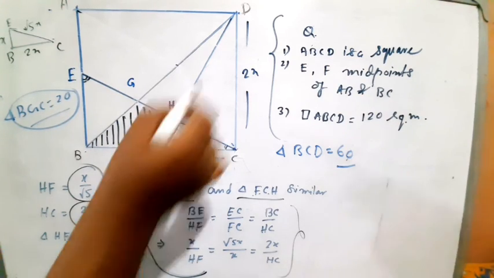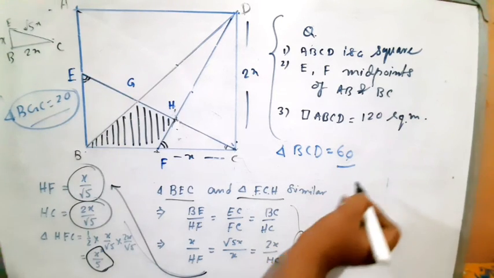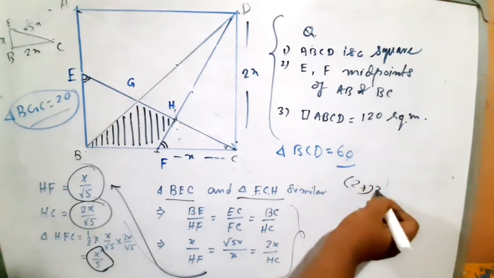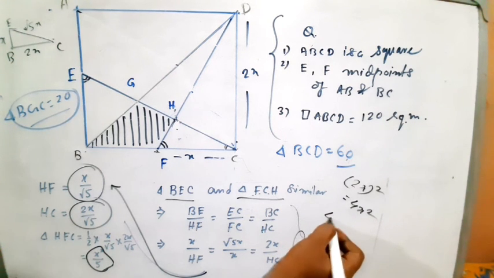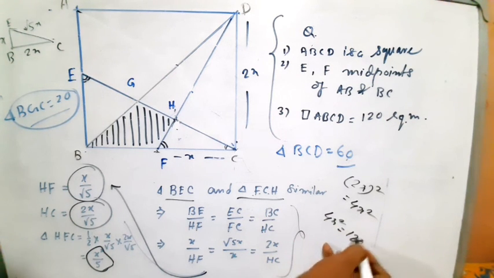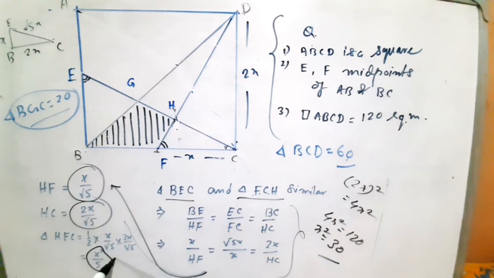Now if the side is 2x, then the area of the square is 2x times 2x, that means 4x square. 4x square equals 120, so x square equals 30. Clear? So the area of HFC is x square by 5, that means 30 by 5, which is 6.